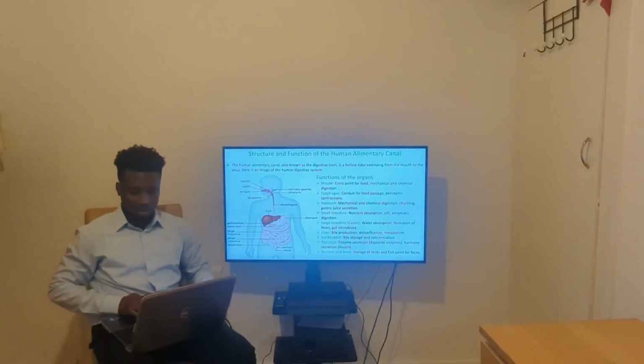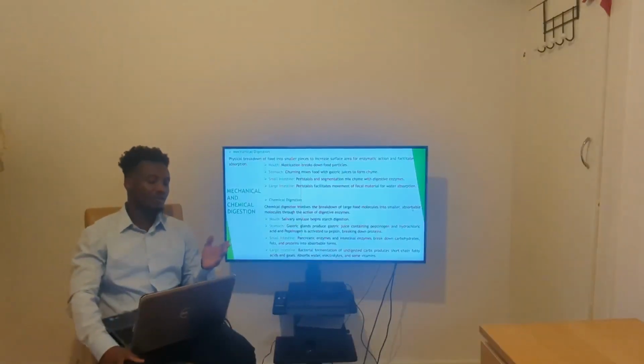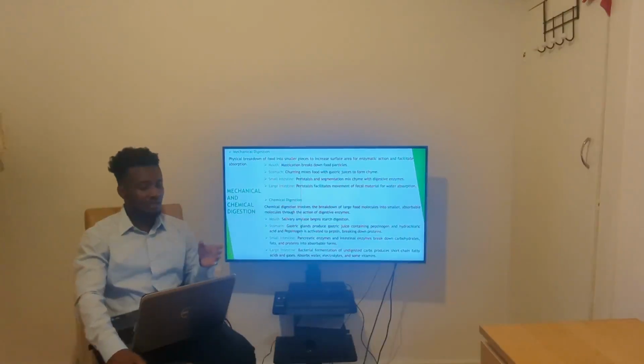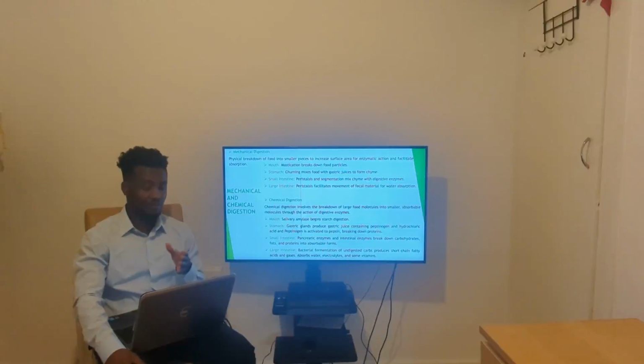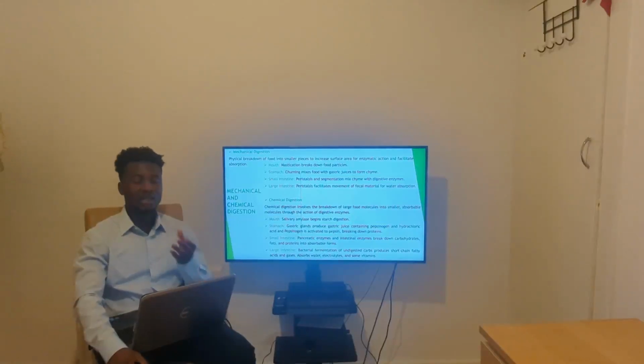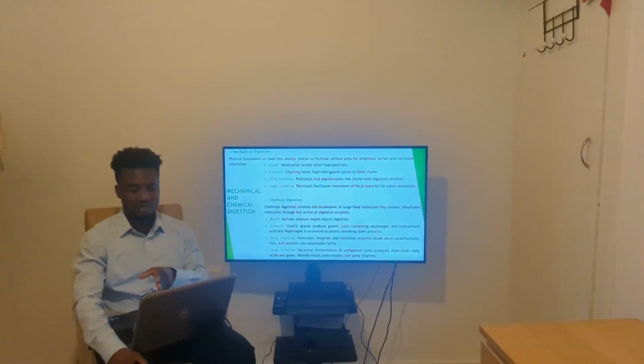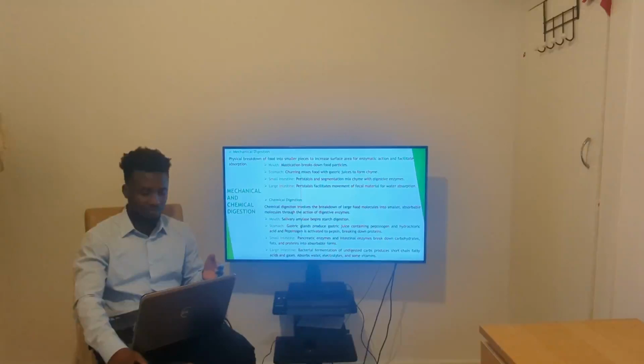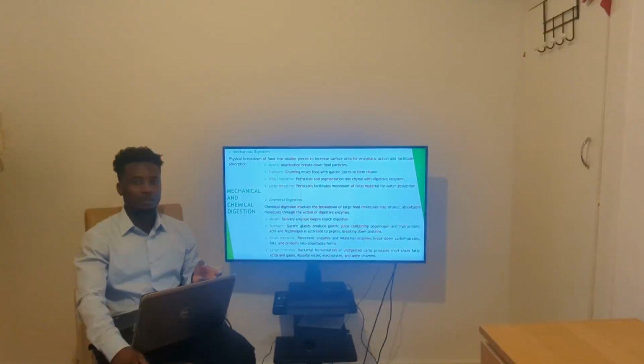So the next slide, we're talking about mechanical digestion. Mechanical digestion is the breaking down of food into smaller pieces. It is the process of chewing food into smaller particles, and later the enzymes in our organs act on it, which makes it easy for our body to absorb the nutrients.